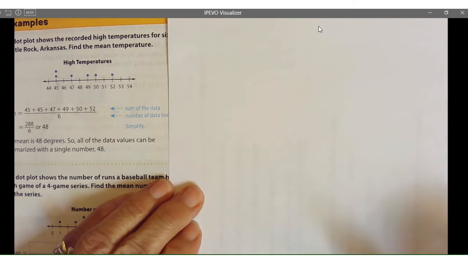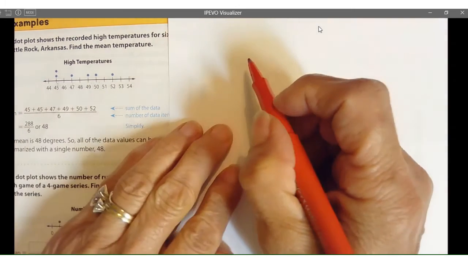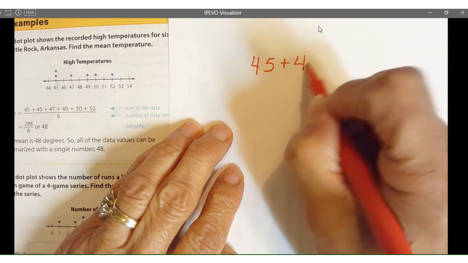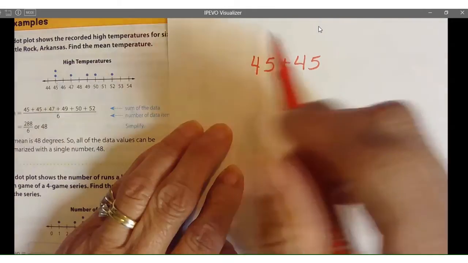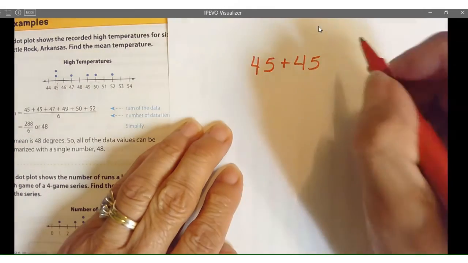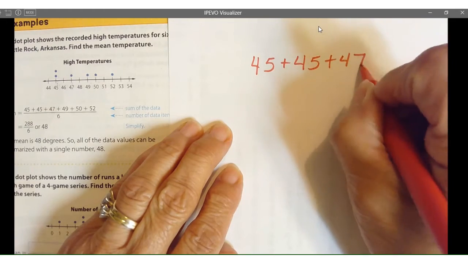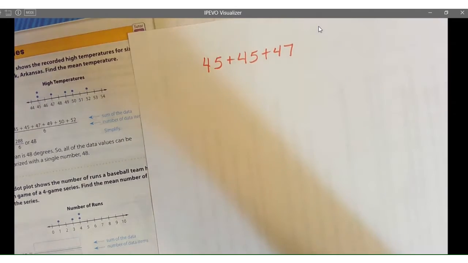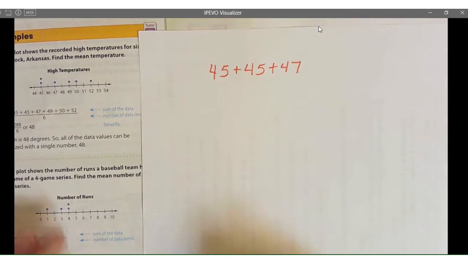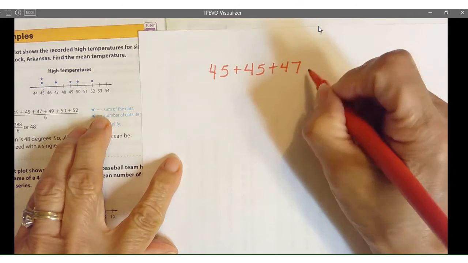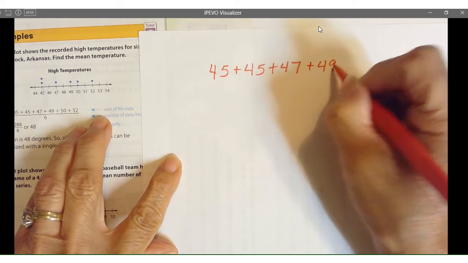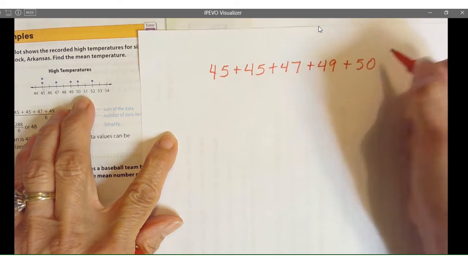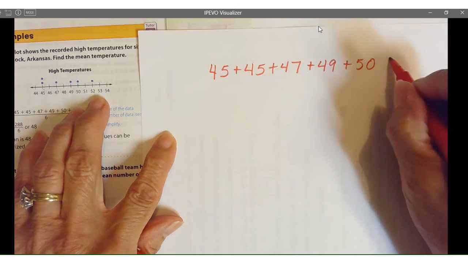So I'm going to add 45 twice, plus 45, I have a 47, put this up a little bit, 47 plus 49, plus 50, plus 52.